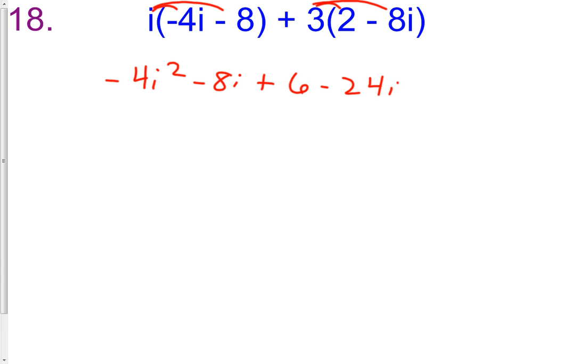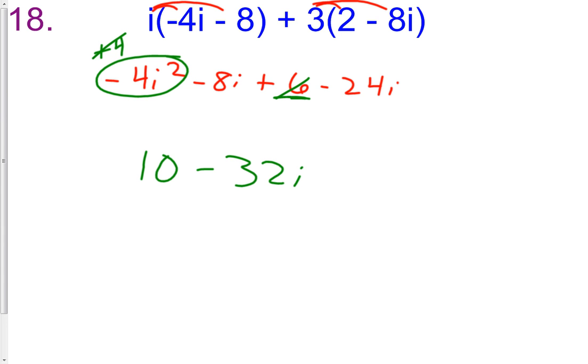Let's combine like terms here. This right here becomes a positive 4 because it's a negative 4 times a negative 1. So a positive 4 plus the 6 here is a positive 10. And then a negative 8i minus 24i is a negative 32i. And there's our answer for problem number 18.